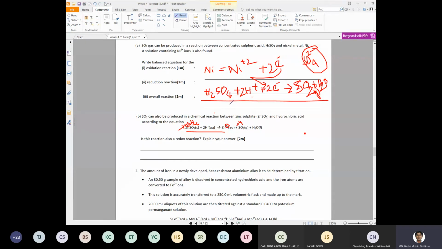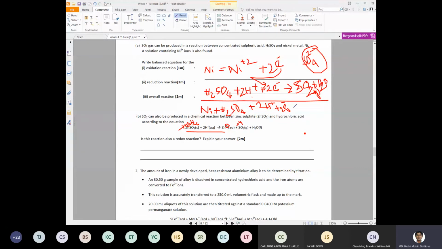Okay, at the end the product is happening. What is happening is nickel, then sulfuric acid, and 2 hydrogen ion here and 2 electrons on this side.